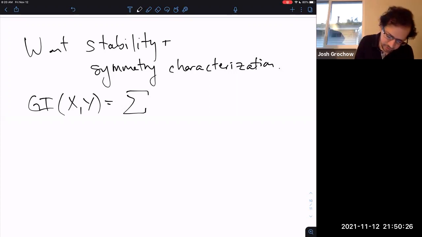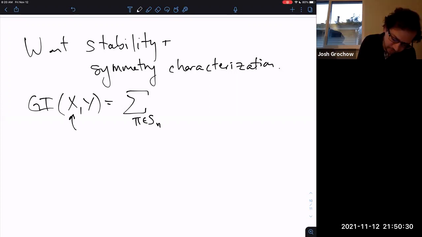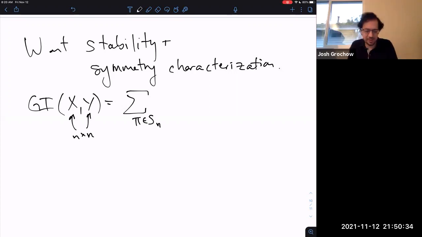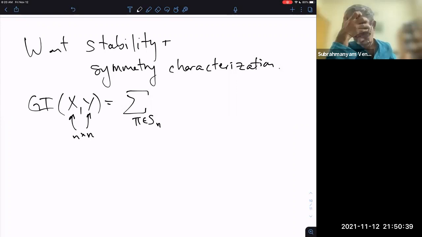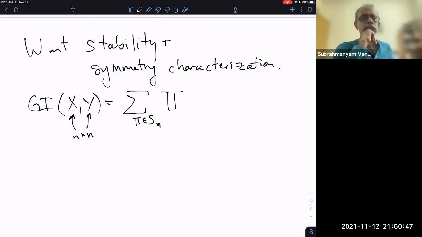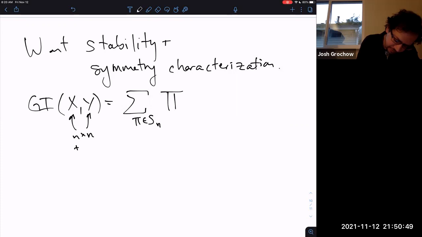So, okay, it will be the sum over all permutations pi in S_n of the product. Imagine these two are n by n matrices, which we're thinking of as adjacency matrices of graphs. And let's think of them, rather than 0-1 adjacency matrices, as plus-minus 1 adjacency matrices.